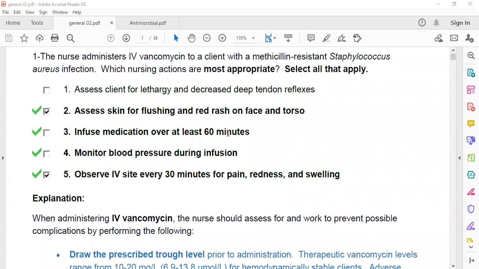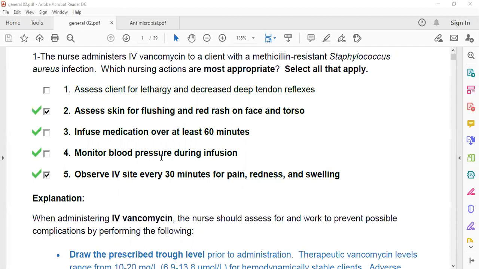So infuse the medication over at least 60 minutes, very slowly. If you run it within 10 or 20 minutes, the side effects will be more. What are the side effects? Anaphylactic reaction, inflammation, phlebitis, right?